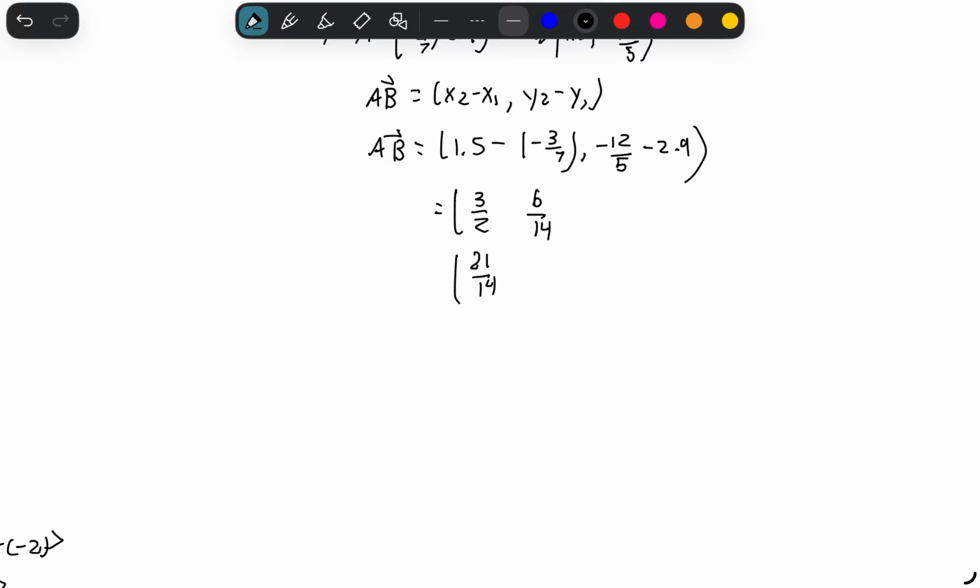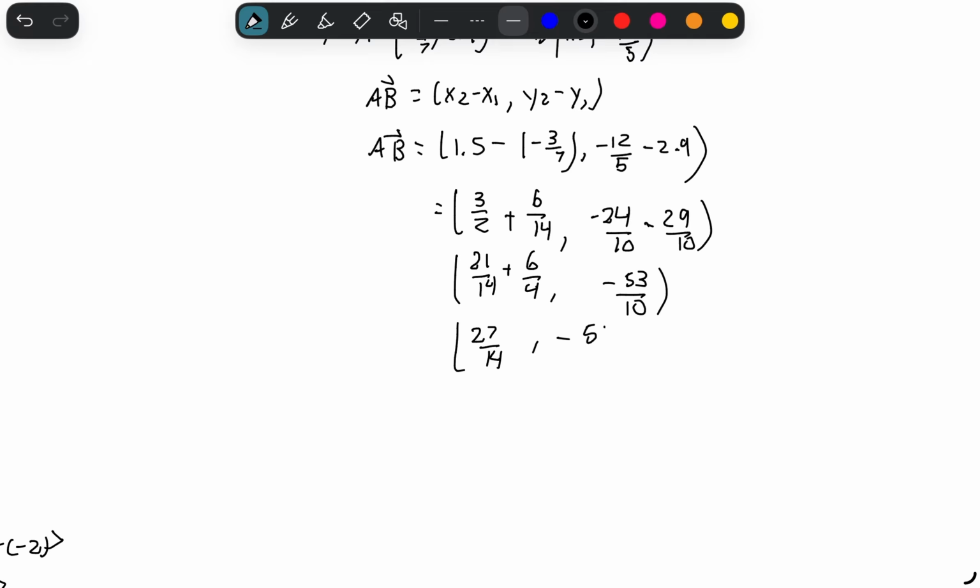So that would be 21/14 plus 6/14, and that would be equal to 27/14. Now, for negative 12/5, this is the same thing as negative 24/10, and then 2.9 is 29/10. So this would be negative 53/10. So your final answer would be this.